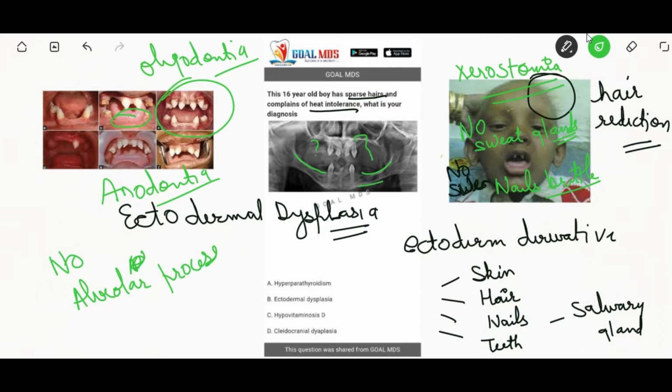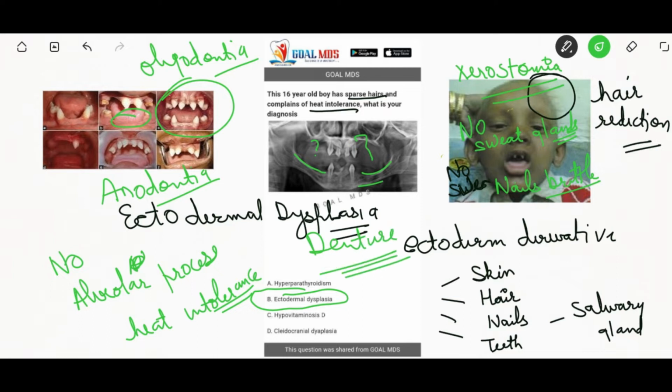The salivary glands are sometimes hypoplastic in nature, which results in xerostomia. There is no treatment for this condition. With anodontia, we can give dentures as early as possible to the patient.